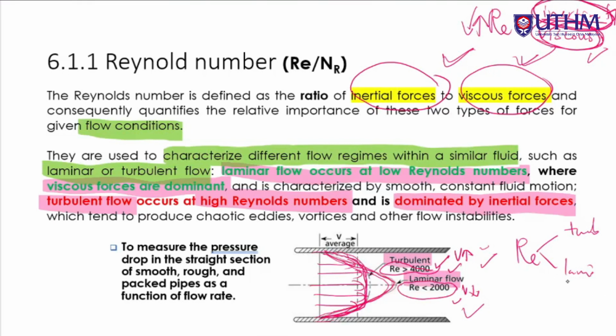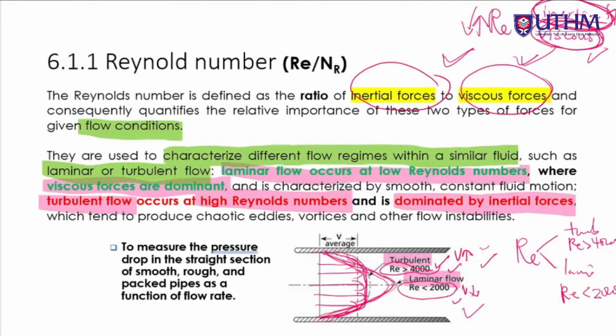But in general, for turbulent, the Reynolds should be more than 4,000, and for laminar, the Reynolds should be less than 2,000. And between 2,000 and 4,000, there is one other flow regime which we call a transition regime, transition flow, in which kita tak boleh nak regard specifically sama ada dia laminar or turbulent.